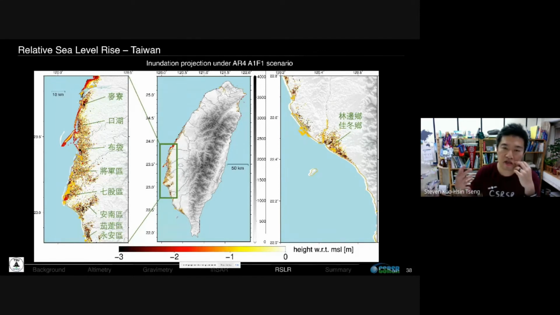Over several typhoon landfalls and huge storms, they already know which parts are prone to flood, so they have already adapted the land use. But we can still simulate that by the end of this century, these areas probably need to be very careful about flooding.